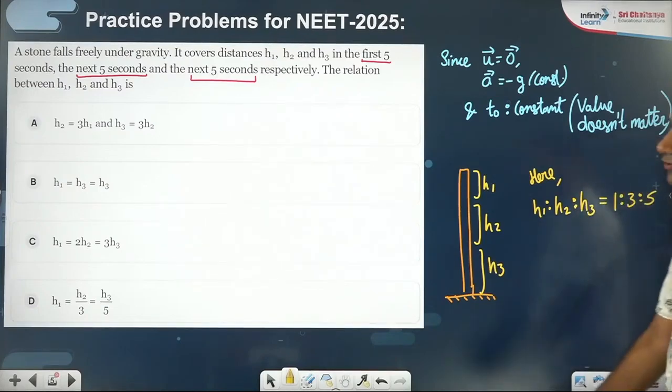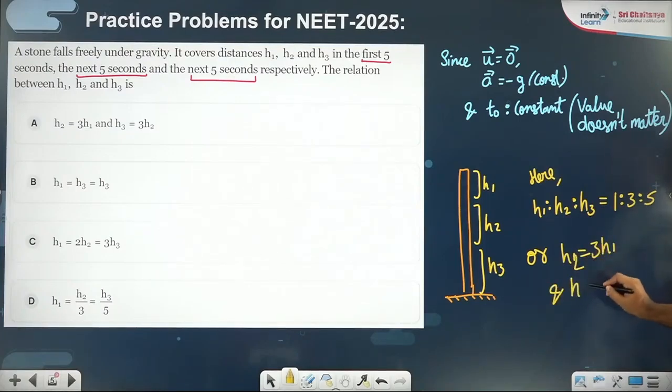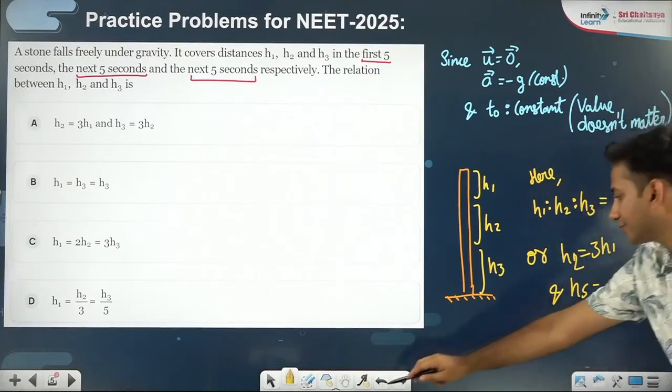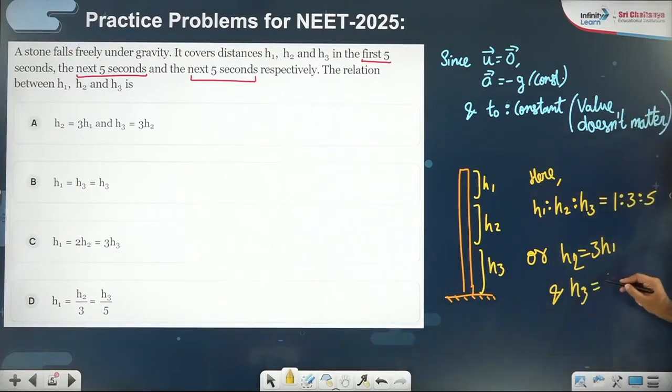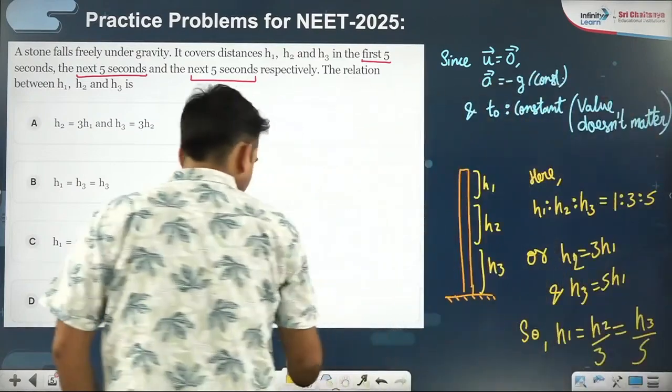Or you can say that h2 will be 3h1 and h3 will be 5h1. So h1 will be equal to h2 by 3 and that will be h3 by 5. I hope the logic is clear to you.